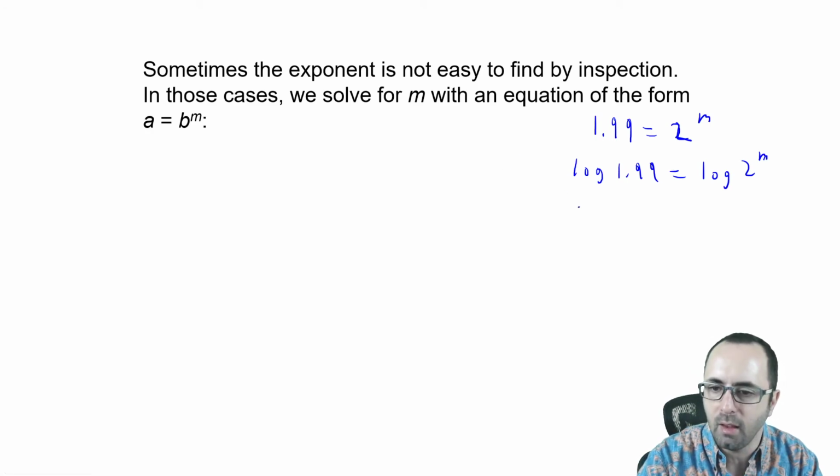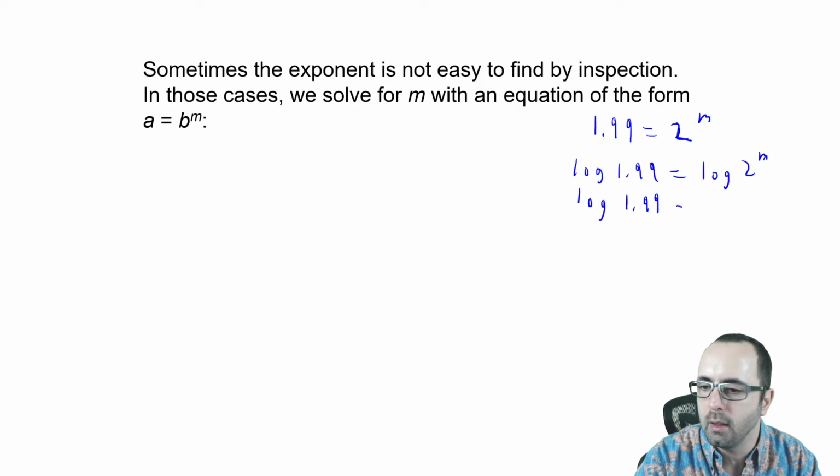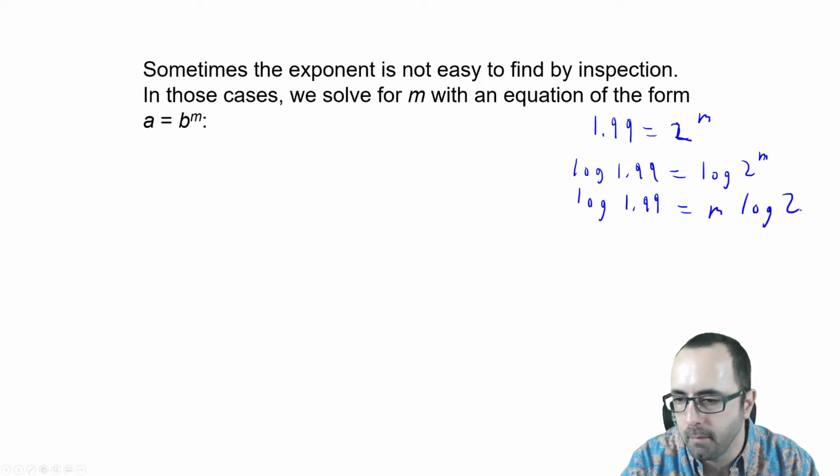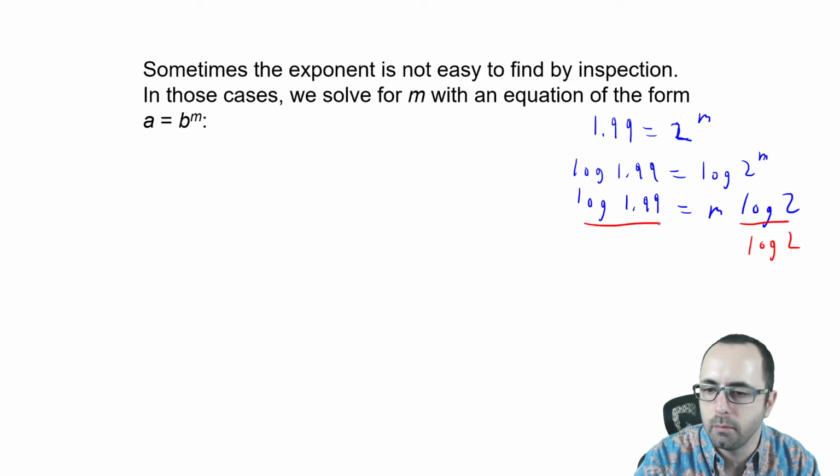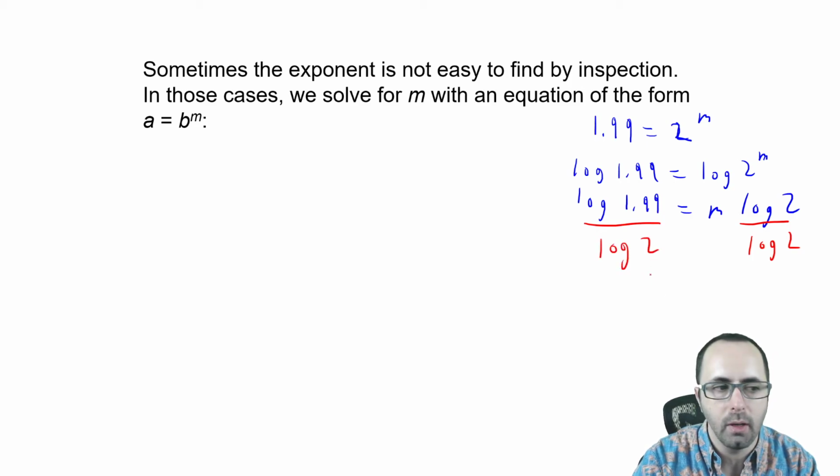So this is going to be the same as log 1.99 equals m log of 2. And at that point, we can divide both sides by the log of 2. And that's how we get m equals log of 1.99 divided by log of 2.